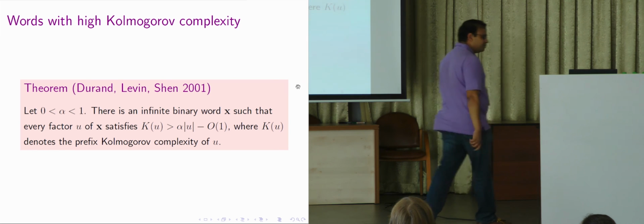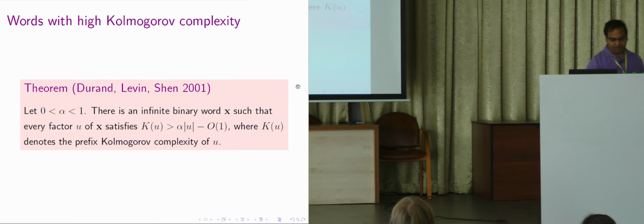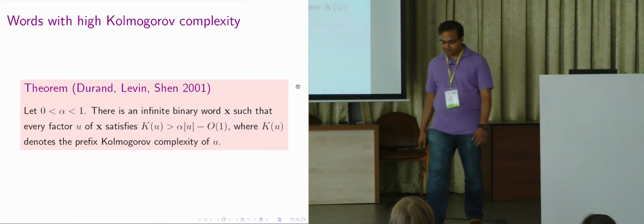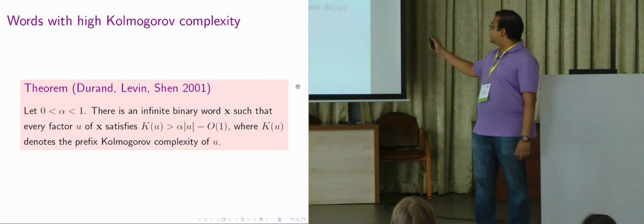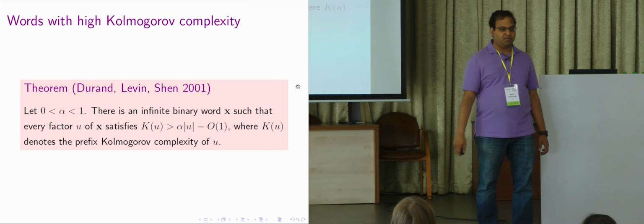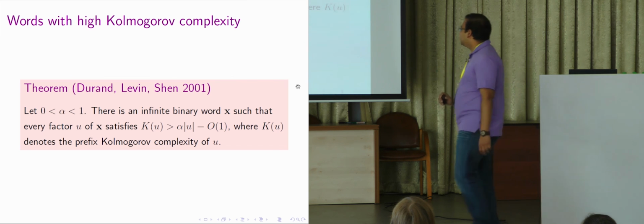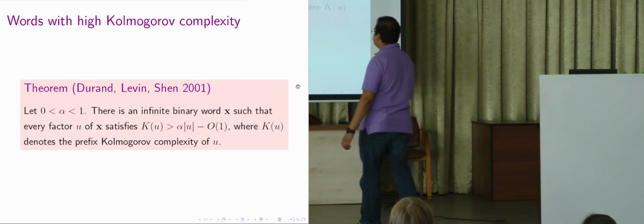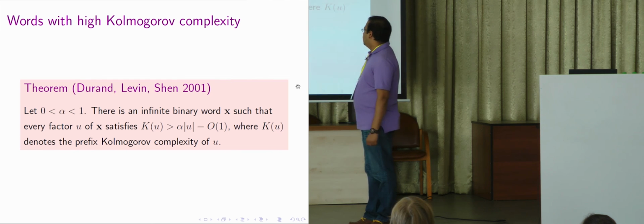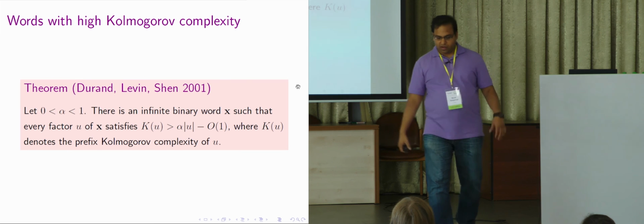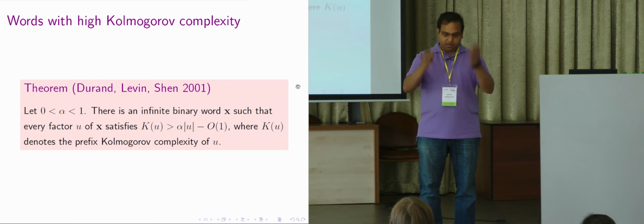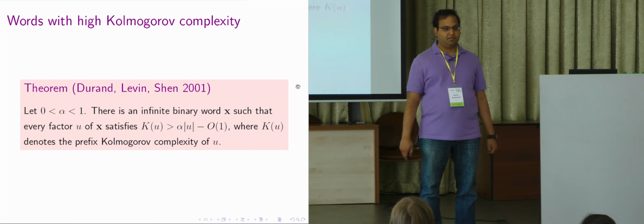So, using that result of Miller that I just showed you, it's possible to give another proof of this very nice result of Durand, Levin, and Shen, which says that there exists an infinite word where every factor of this word has relatively high Kolmogorov complexity.